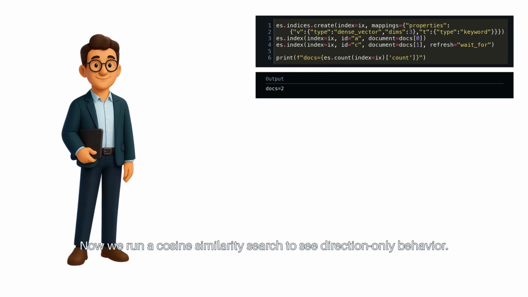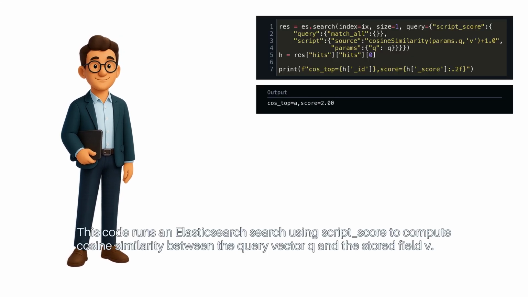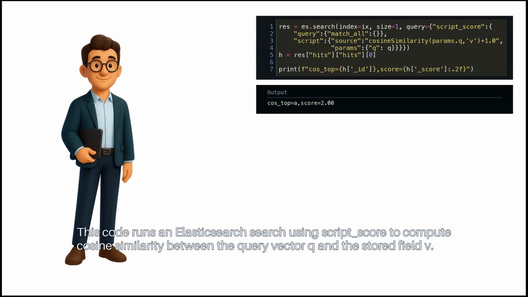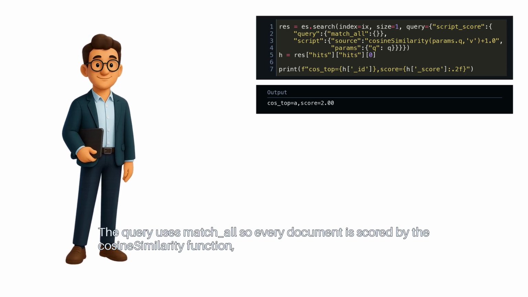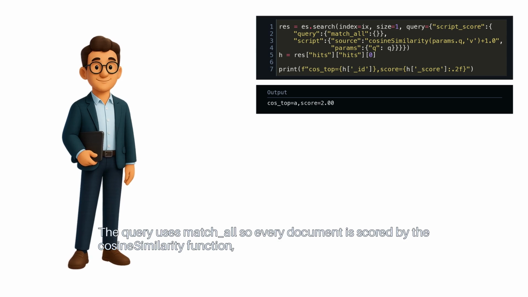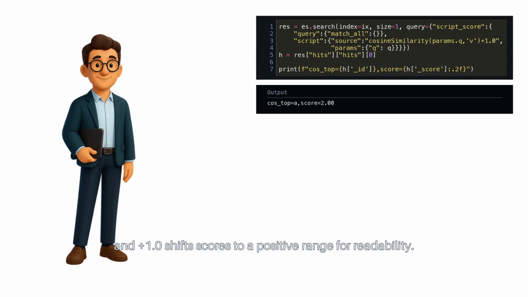Now we run a cosine similarity search to see direction-only behavior. This code runs an Elasticsearch search using script score to compute cosine similarity between the query vector Q and the stored field v. The query uses match all, so every document is scored by the cosine similarity function, and plus 1.0 shifts scores to a positive range for readability.